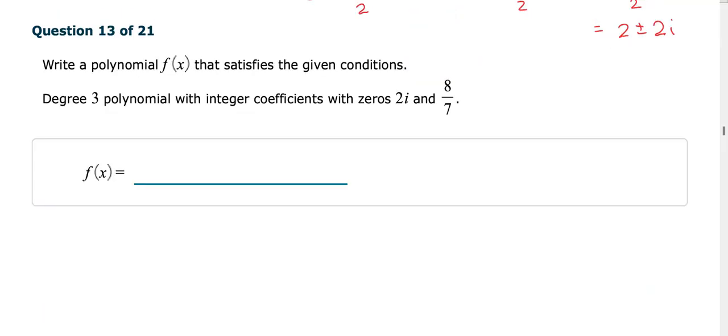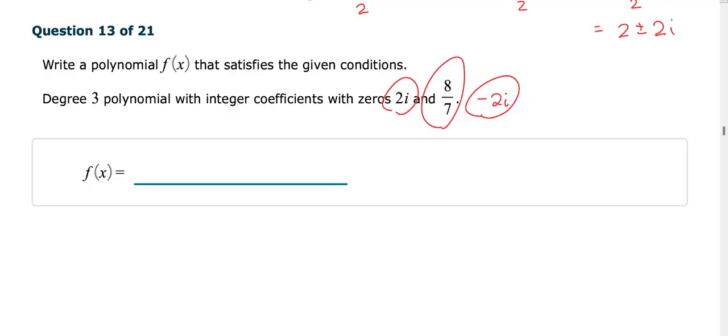Number 13, write a polynomial that satisfies the given conditions. It's a degree 3, so it has to have 3 zeros, with integer coefficients, and the zeros are 2i and 8/7. Well, if one of the zeros is 2i, the other zero has to be negative 2i, and then you've got a third zero of 8/7. So you have all of your zeros.